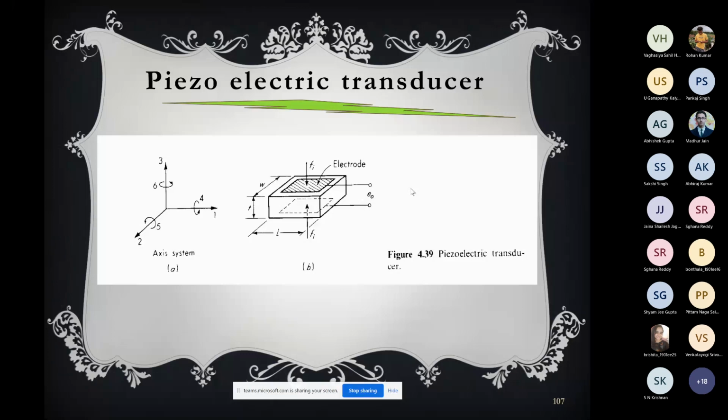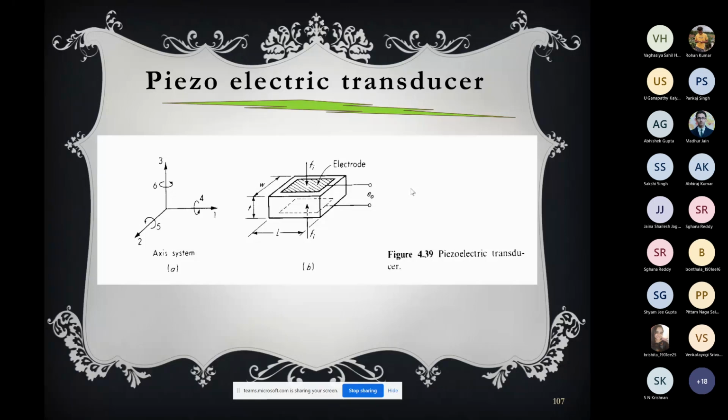This is the linear force. Apart from that, there might be some torsional force, that means the bending force. So you see 4, 5, 6. These three are the torsional forces along the three axes.